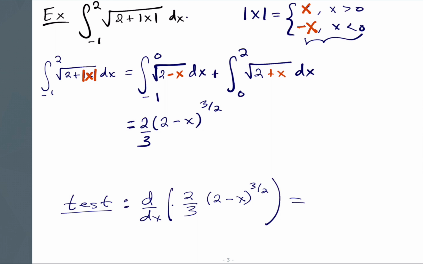Almost. This is going to be 2/3 times 3/2 times (2 minus x) to the 1/2, right? So far, so good. But then what do I have to do? The derivative of the inside, which is minus 1, right?